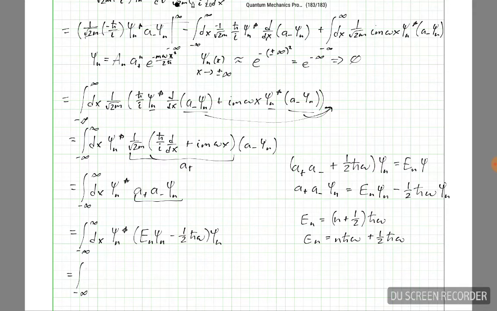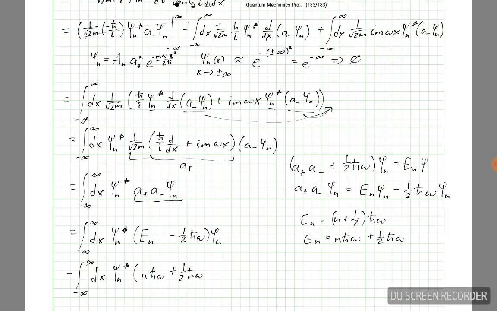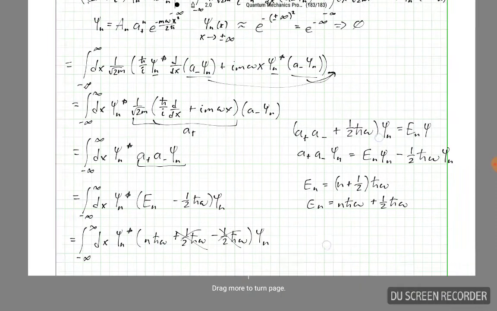So we're going to go ahead and put that into here. So that's psi n complex conjugate n h bar omega plus 1/2 h bar omega. Oh, whoops. I needed to factor out that psi n. And then minus 1/2 h bar omega, and then times psi n. These two cancel each other out.